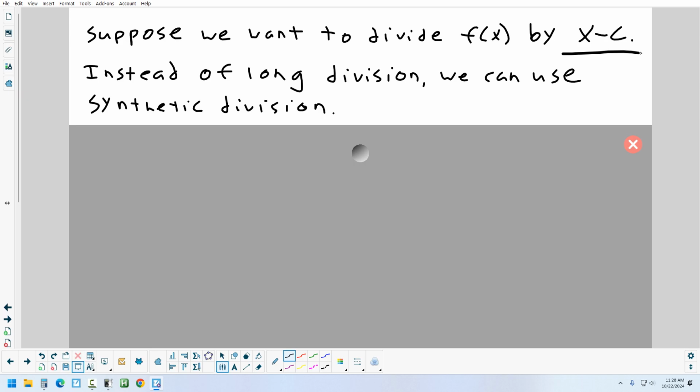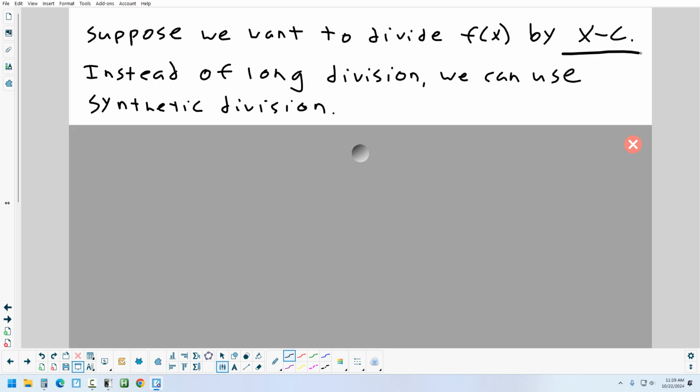That only works if the bottom is x minus a number. Yeah? The remainder theorem? Exactly. So the remainder theorem and synthetic division, they're both shortcuts, and they both can only be used in the case when the bottom is x minus a number, or technically x plus a number if you rewrite it.